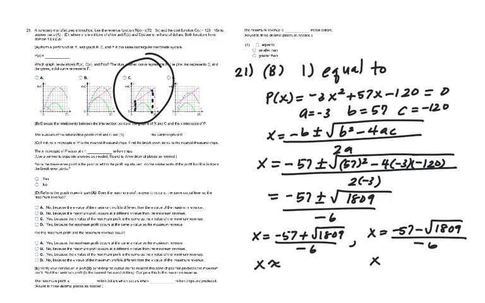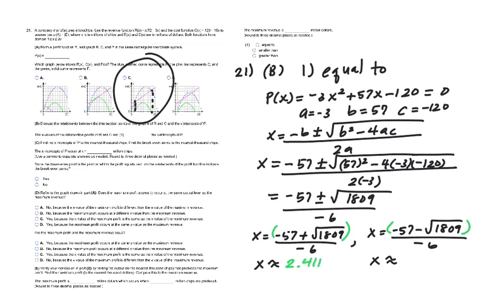So let's type these in to get the approximation. On this one, be careful. Make sure you put the numerator in parentheses so that it will calculate properly. For the first one, negative 57 plus the square root of 1809 divided by negative 6, we get approximately, rounding to 3 decimal places, 2.411.